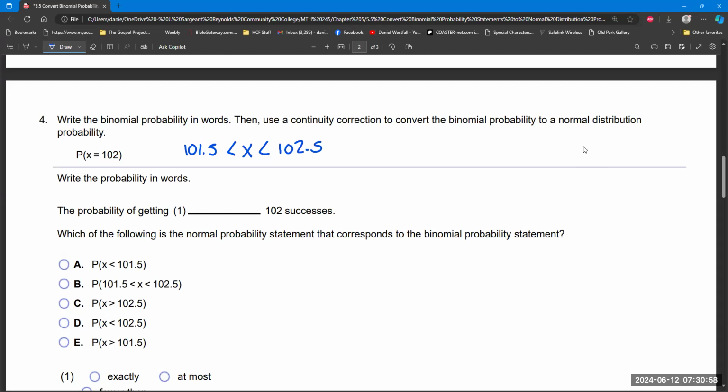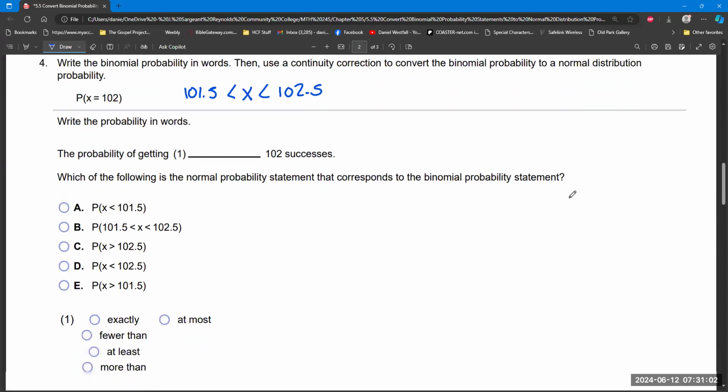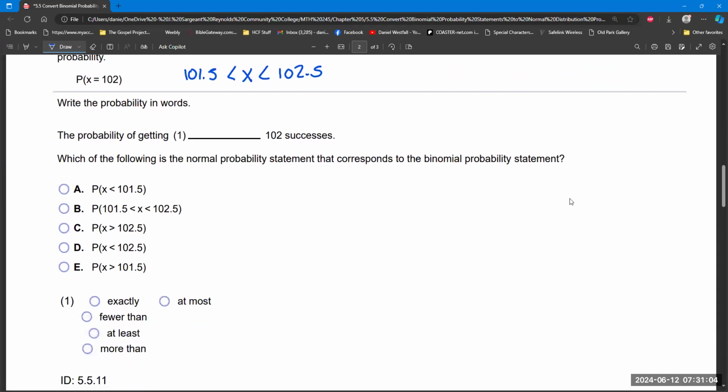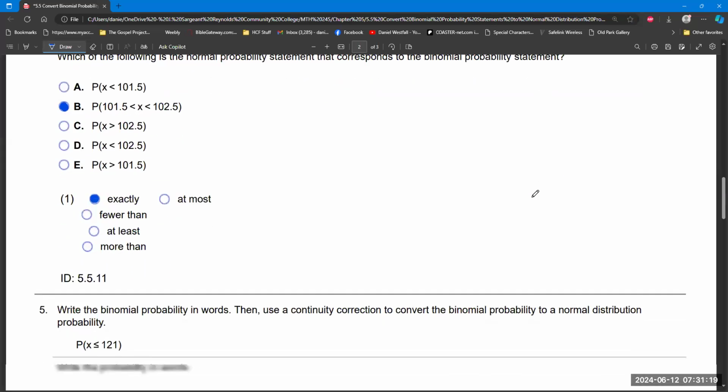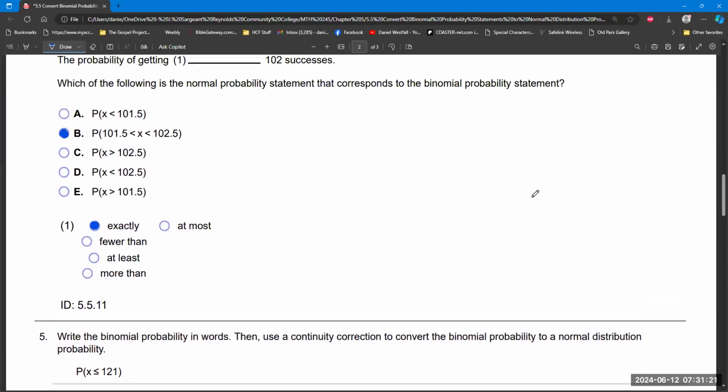So I subtract 0.5 from the left and add 0.5 on the right here. It's going to be an exactly equal to situation, but I'm going to have to turn it into a between situation like that, where I subtract on the left and add on the right.